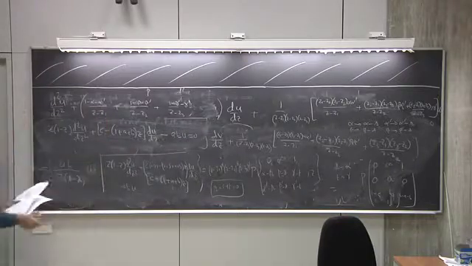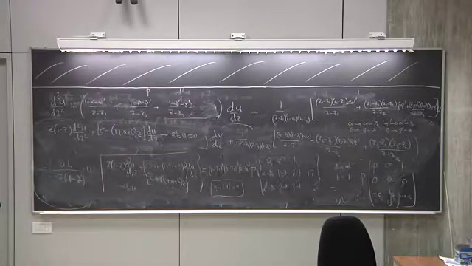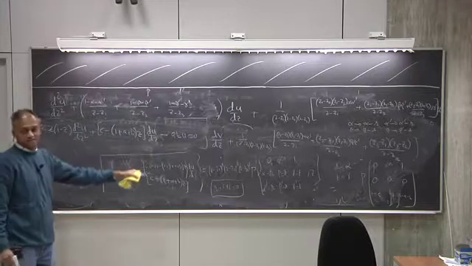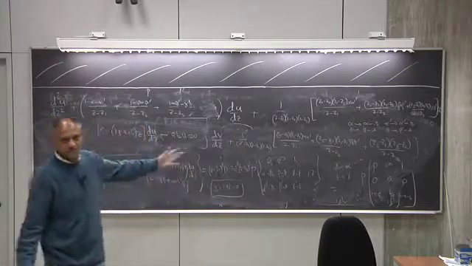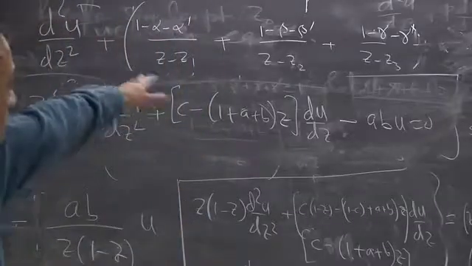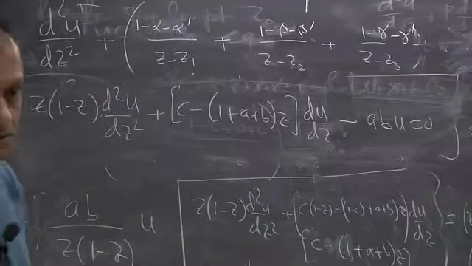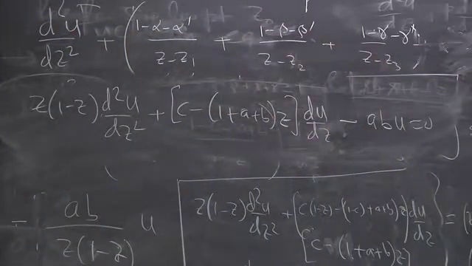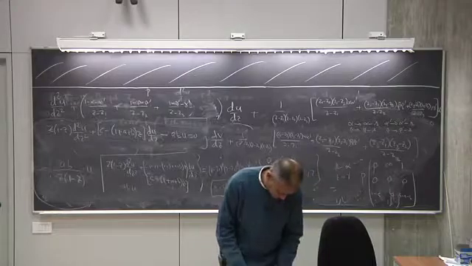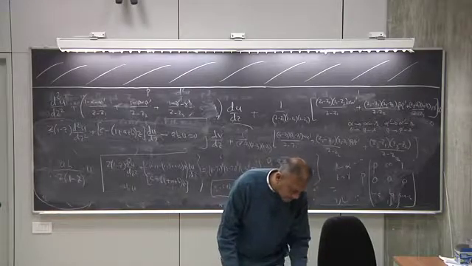So this is the hypergeometric equation with the parameters a, b, and c. Three parameters a, b, c. These are now completely unconstrained. a, b, c could be anything, because we have used all the constraints already. This is the final equation, and maybe I should stop here.